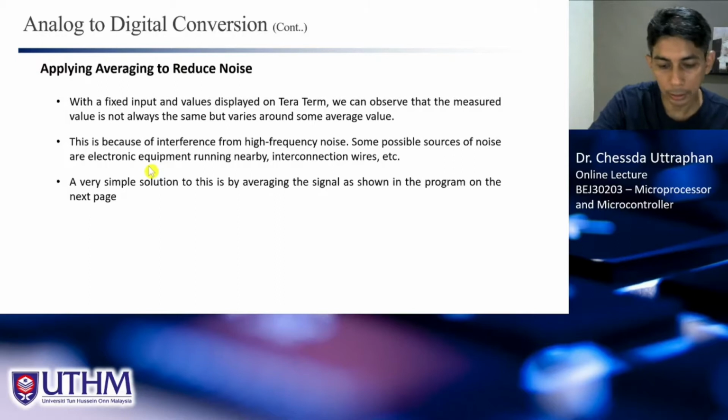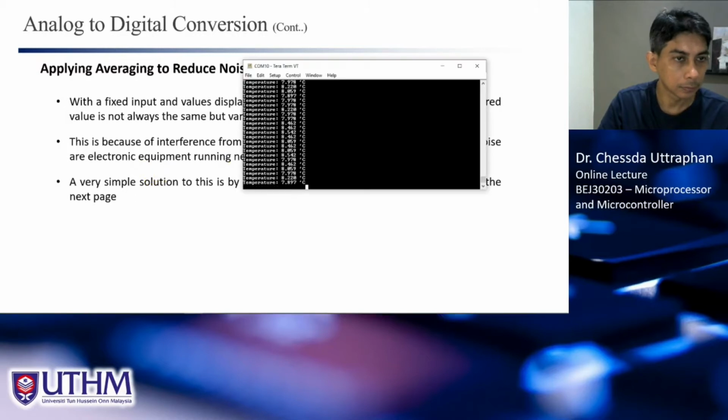And the next is applying averaging to reduce noise. This is how we try to make the reading more stable, because if we can see here, although I am not varying the resistor, you can see that the reading is not stable.